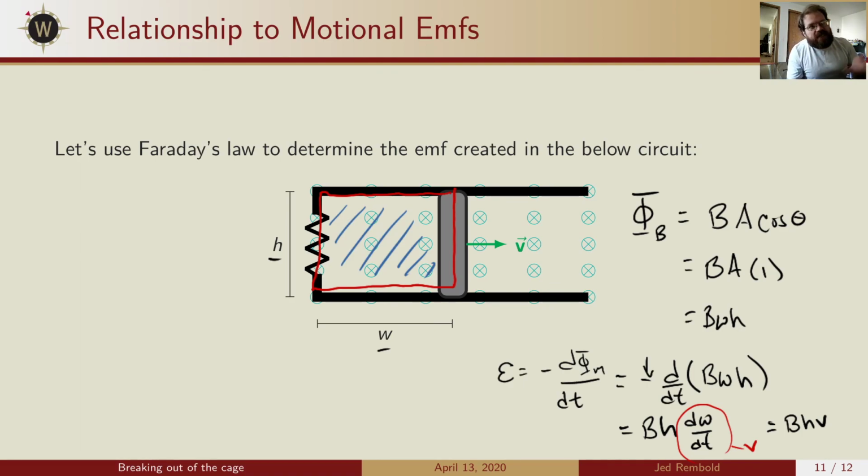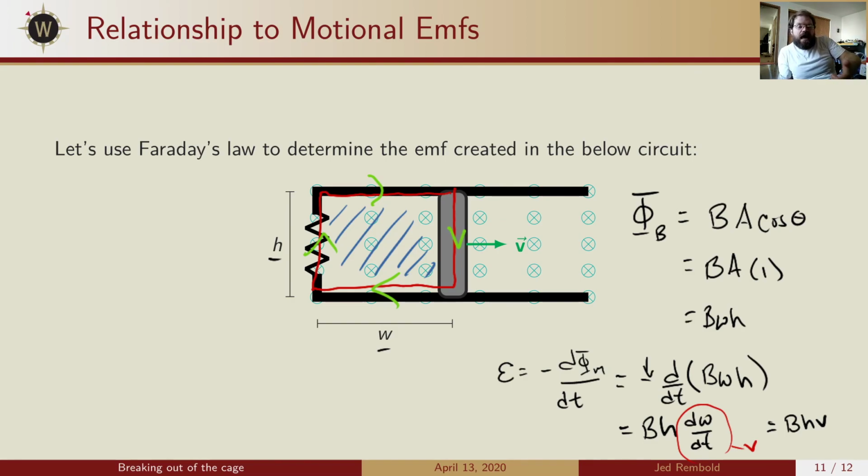So for instance, in this case, I said my magnetic field, or the area, was positive going into the page. So I would have essentially said that I am integrating around my loop in the clockwise direction, because by right-hand rule, if I curl my fingers in that direction, my thumb would be pointing into the page.